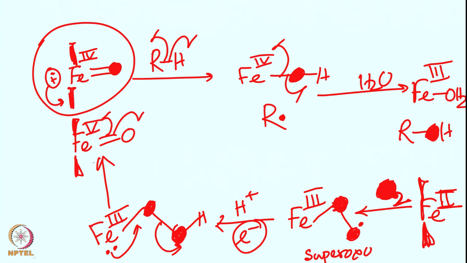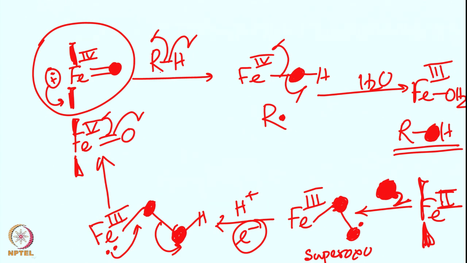For clarity, the RH sitting right over there can react with iron 5 oxo to give you iron 4 hydroxo and R dot. Over here a water molecule will react with this R dot to give you the ROH molecule.